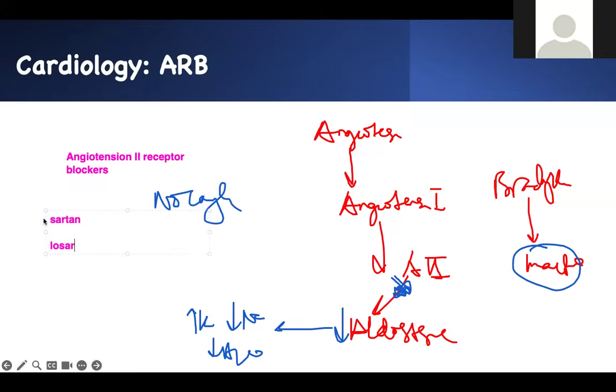You don't have to memorize them. That's the first one. You have valsartan. So I call them Satan, right? Or you can have olmesartan. And the last one, irbesartan. This is ARB. They don't have the prayer, but they have the Satan.